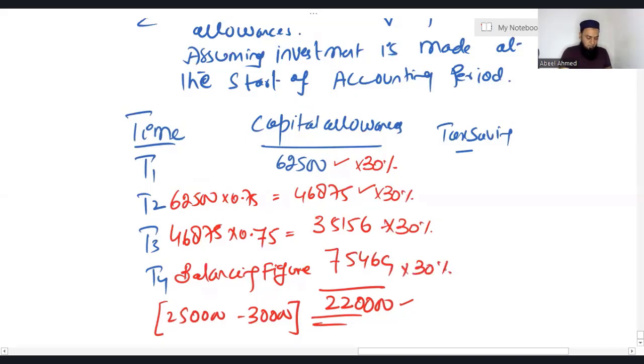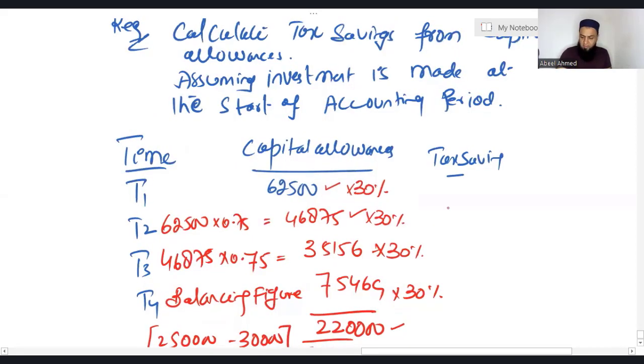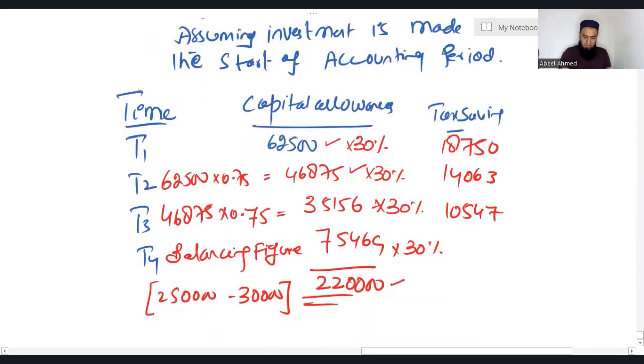That is why 62,500 into 30% gives you the tax saving in the same year, 18,750. 46,875 into 0.3 is 14,062.5. Then 10,547. And 75,469 into 30% is 22,640.7.